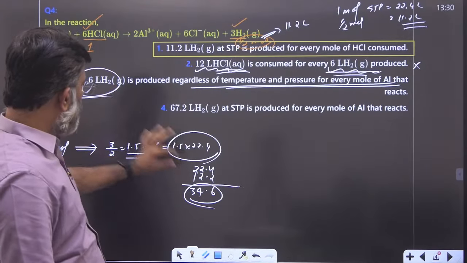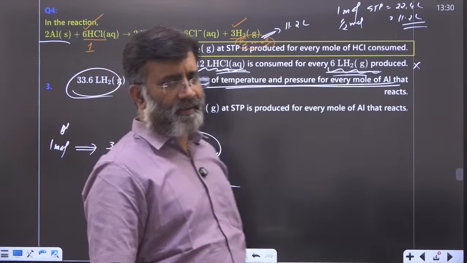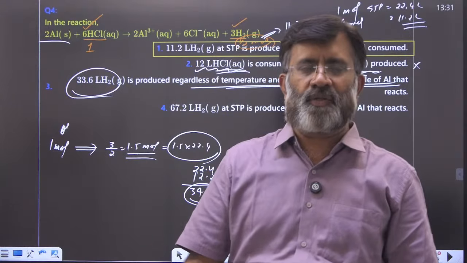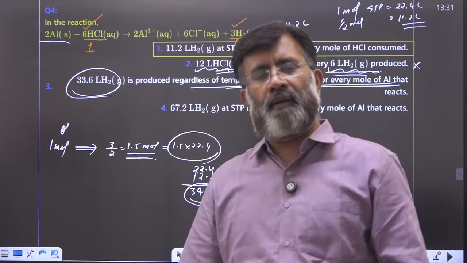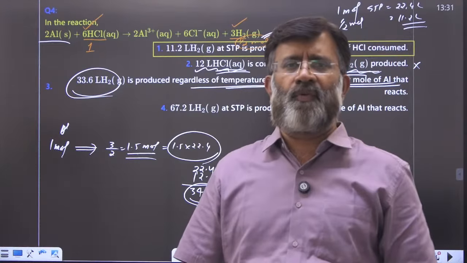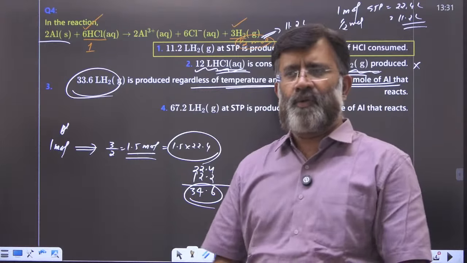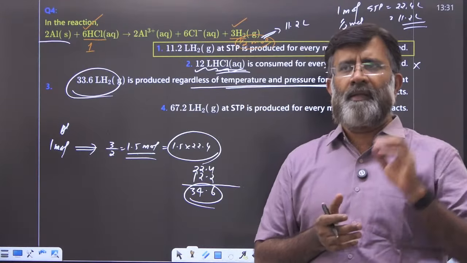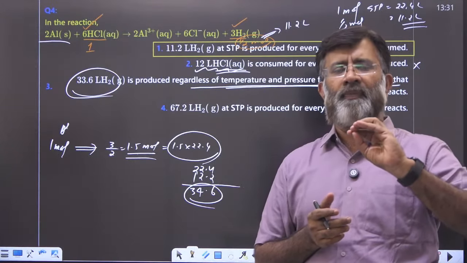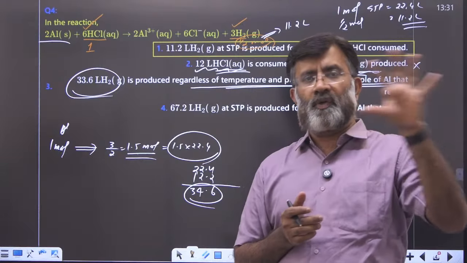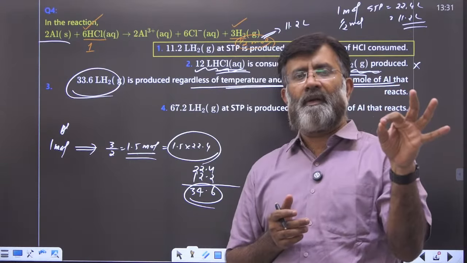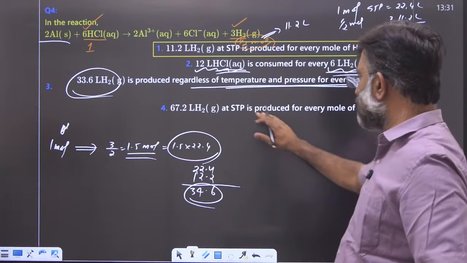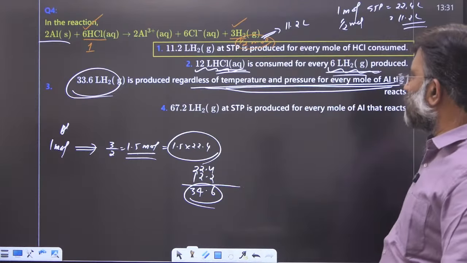Even if the correct data comes, you can't accept, because it is regardless of temperature and pressure. We can say in a gaseous reaction, in a normal reaction, temperature will make the influence of it, right? So regardless of the conditions, this much product you get, means the stoichiometry is based only on the reacting conditions. Okay, so this comment is totally non-acceptable.